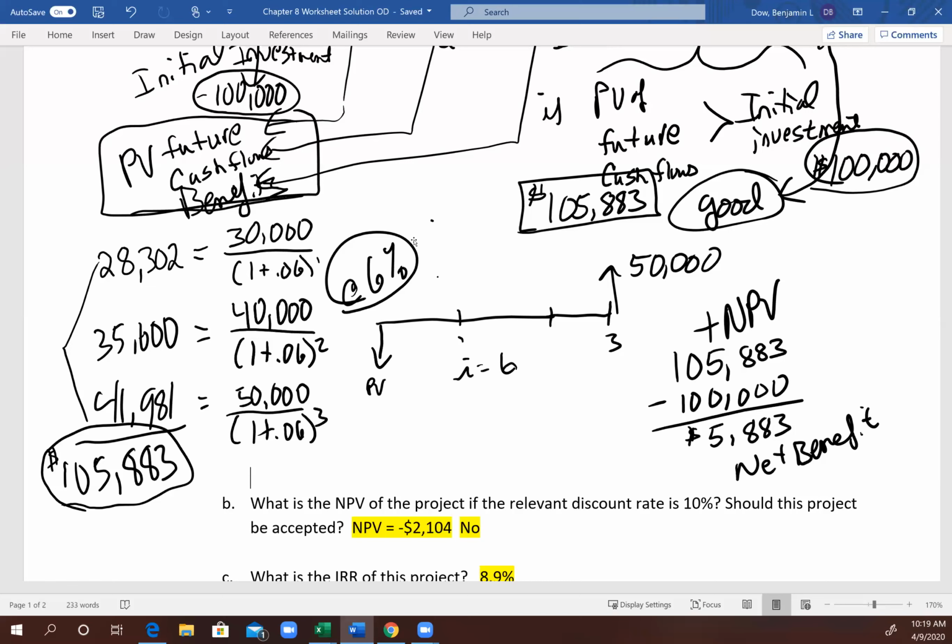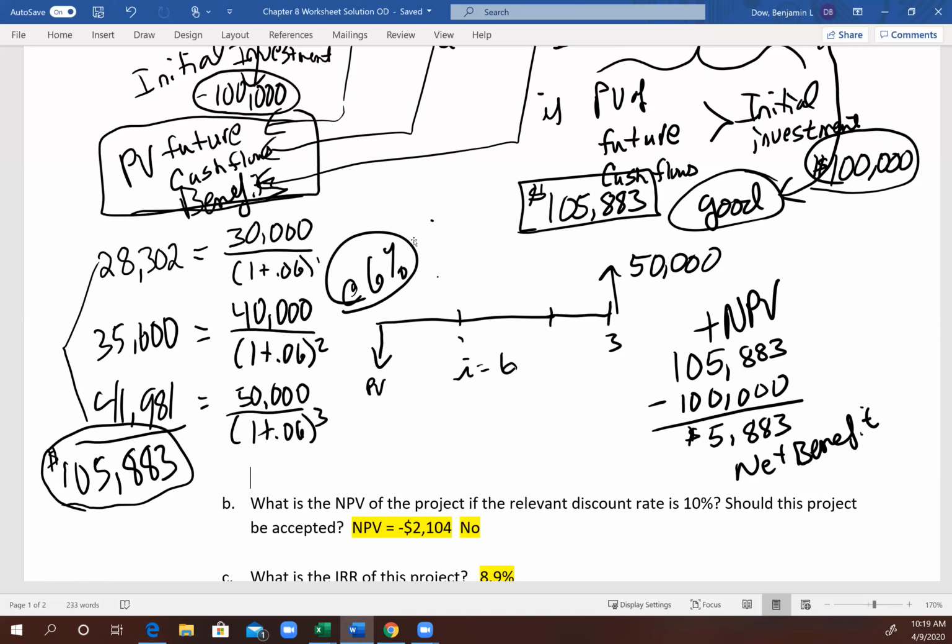And then I'm going to go and do the NPV. And it says, what is I equal to? I is equal to 6. Enter. Down arrow key. NPV equals 0. I'll hit compute. And I get $5,883.